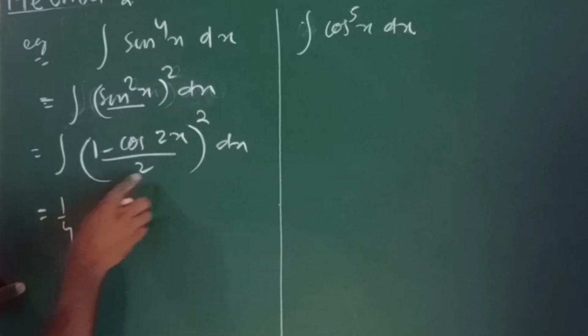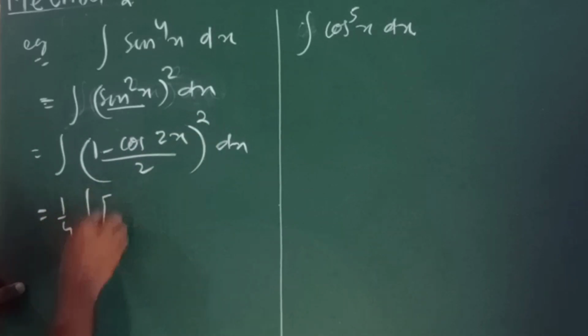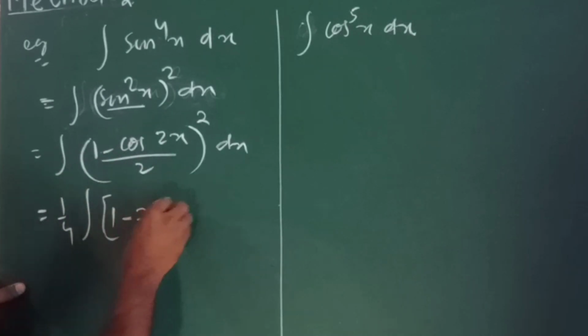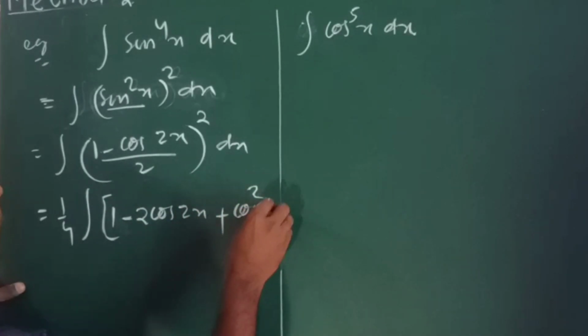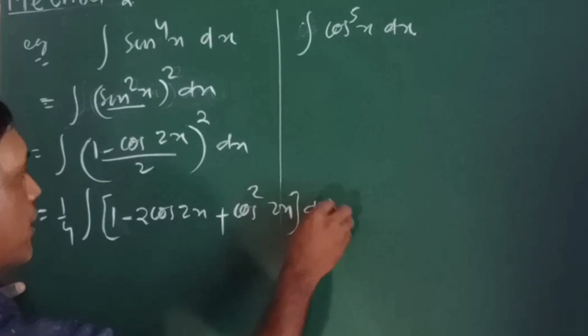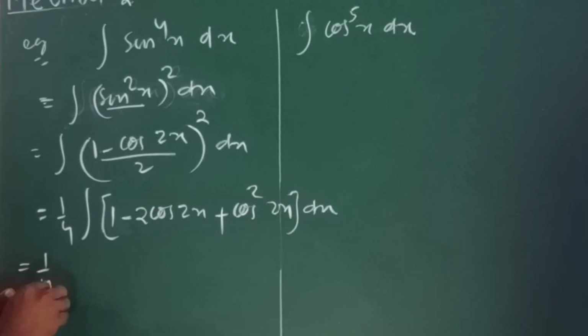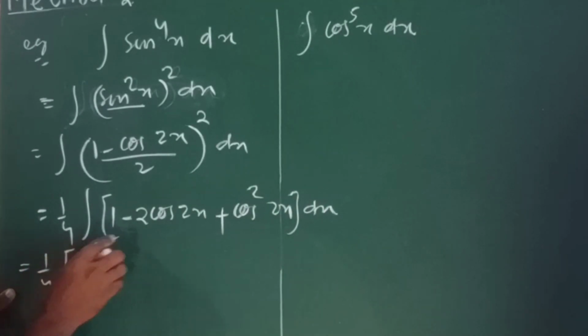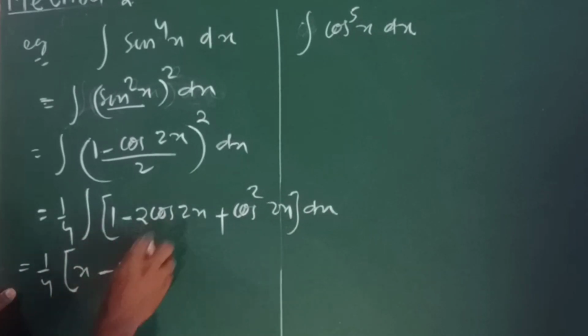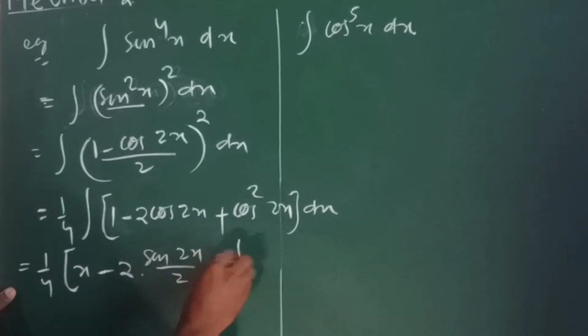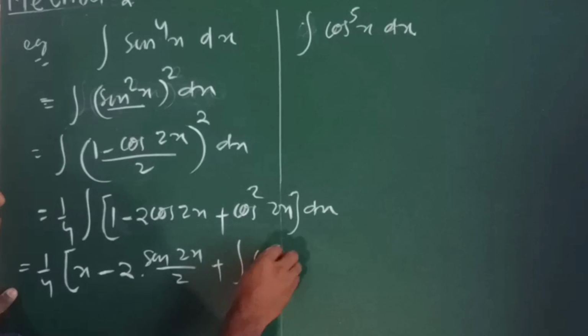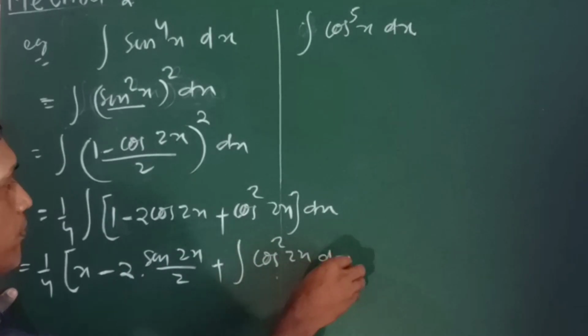I can take common 1 by 4, and this is integration of square of a minus b. This is a square minus 2ab, that is 2 cos 2x, plus b square, that is cos square 2x, dx. Now look at here, this is 1 by 4 into integration of 1 dx is x, minus 2 into integration of cos 2x is sin 2x by 2, plus integration of this cos square 2x.